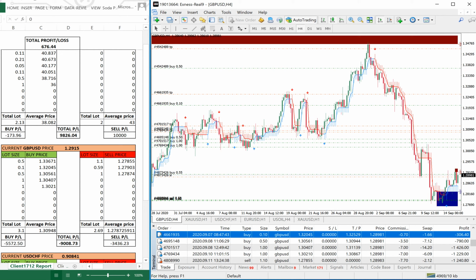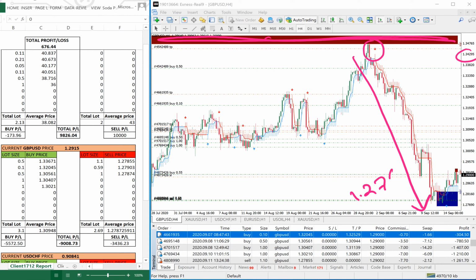As we can see, the sell signal is generated from the precise resistance zone area, from 1.343 directly to 1.276.